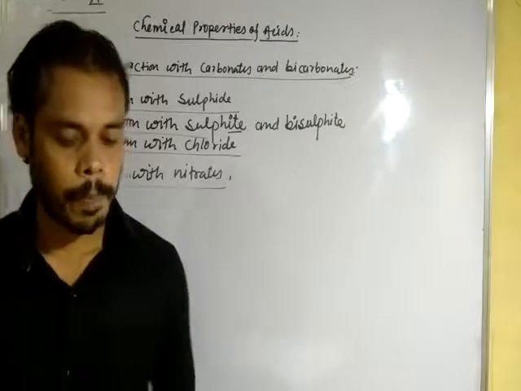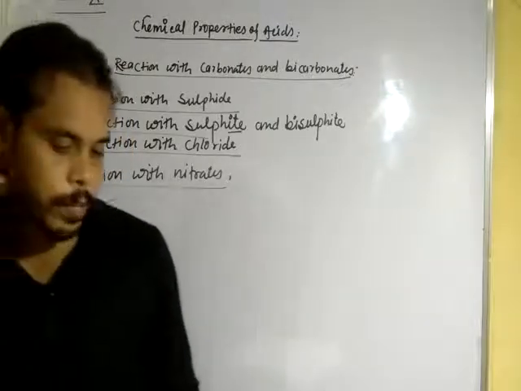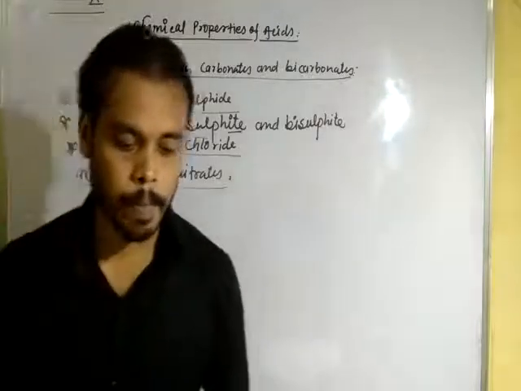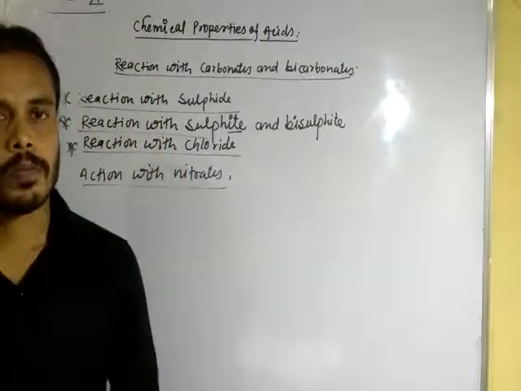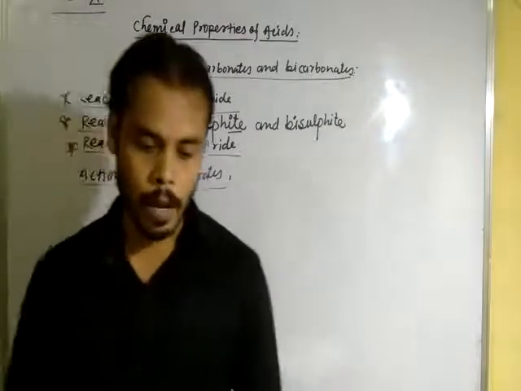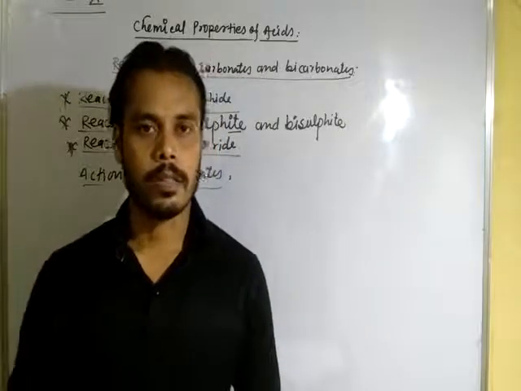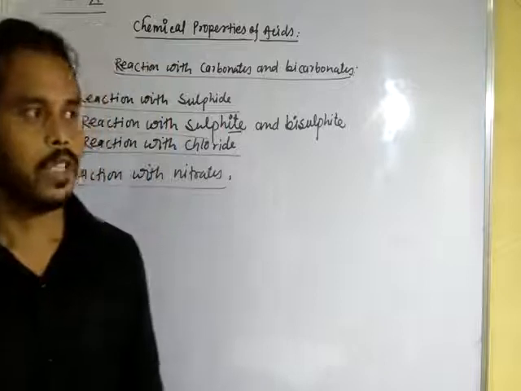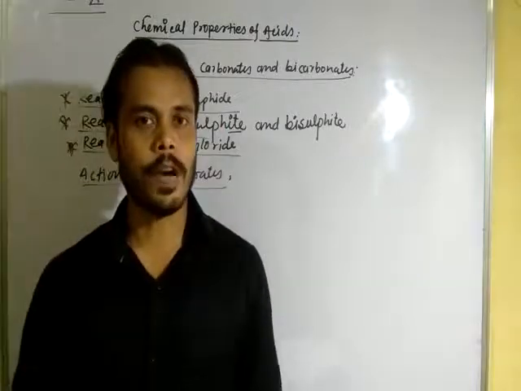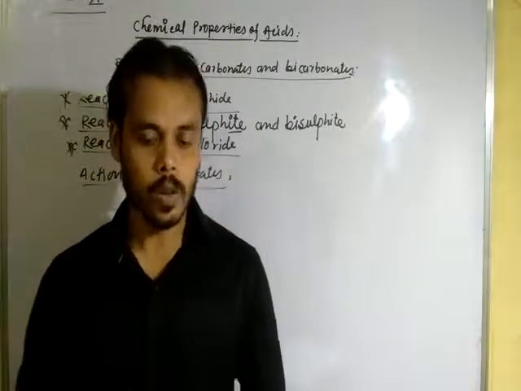In this reaction, sodium or potassium nitrate is treated with H2SO4 to form a highly volatile acid. H2SO4 is a less volatile acid and it forms a highly volatile acid like HNO3.